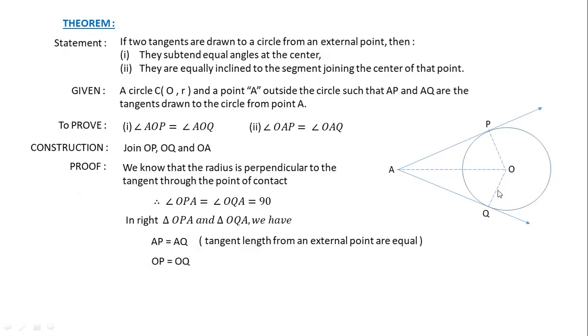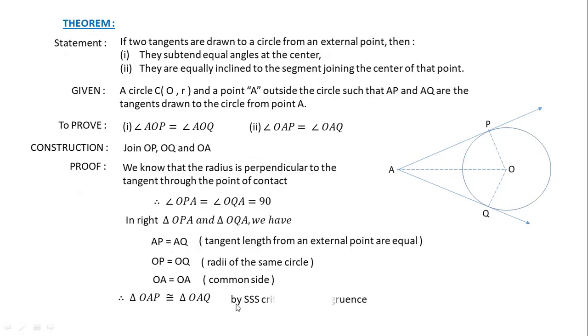Why are they equal? They are the radii of the same circle. And OA is equal to OA. It is a common side. Therefore, these two triangles are congruent. By which rule? This is side, this is side, this is side. So by SSS criterion of congruency, these two triangles are congruent.